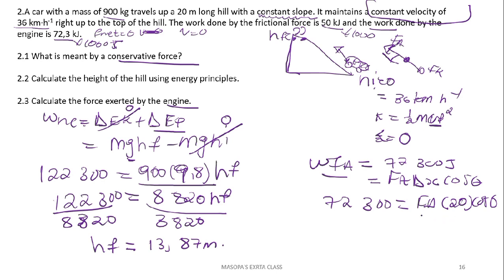Then we divide both sides by 20. Then the force applied by the engine is 72,300 divided by 20, which is close to 3,615 newtons up the incline.